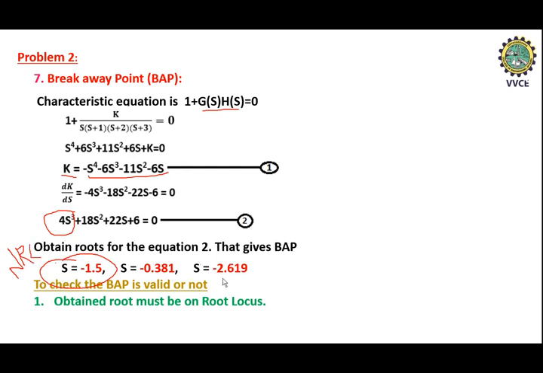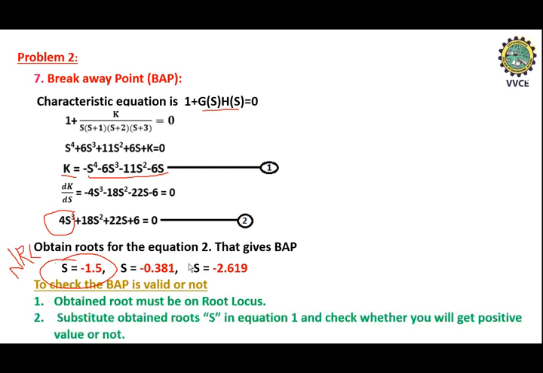But these two are valid, and you can also check with another step whether a given root is a valid breakaway point or not. The first condition is satisfied with these two roots because one is between 0 and minus 1 and the other is between minus 2 and minus 3. So these two are valid from the first rule.